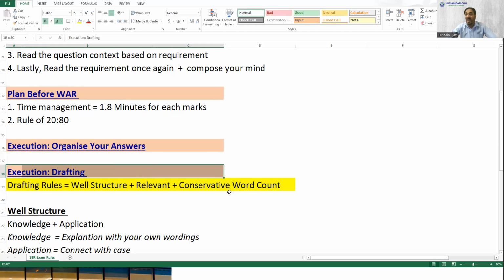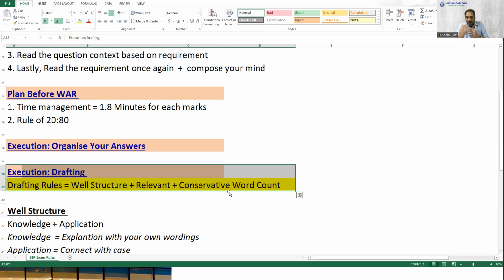Number 3, whenever you are executing your answer. So executing, number 1, drafting. Drafting has 3 components. Your draft must be well structured. Well structured means knowledge plus application. Always be relevant according to the examiner requirement, and conservative word count.